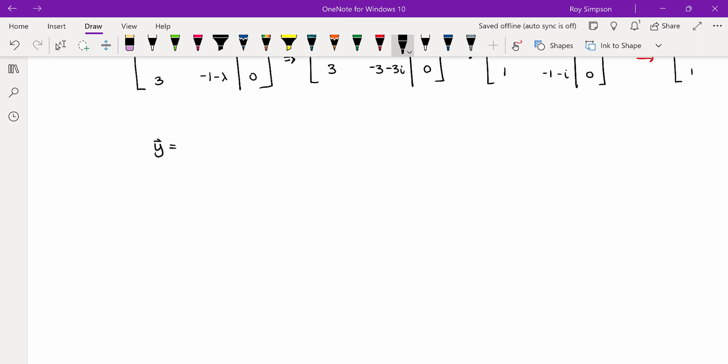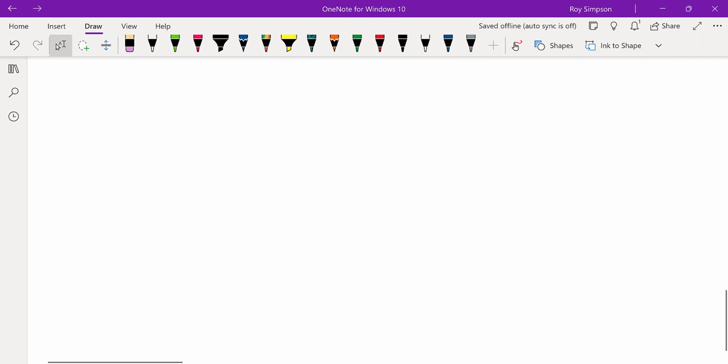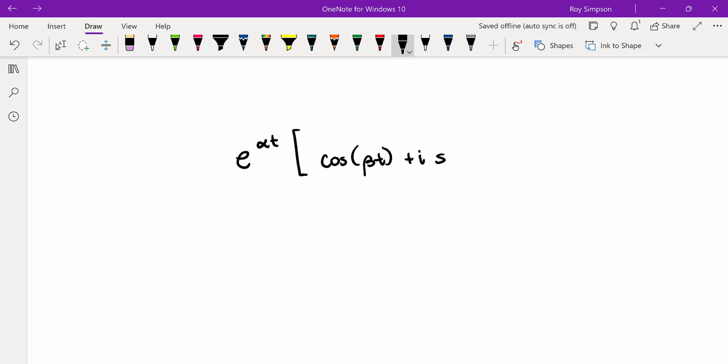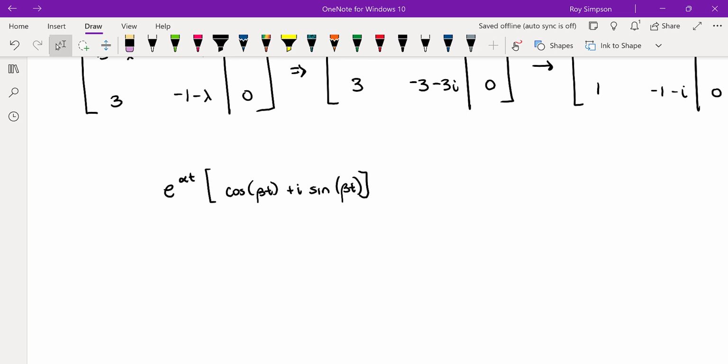Actually I'm not going to write y equals, I'm going to go ahead and write it this way. e to the alpha t, so I was going to say lambda, but it's e to the alpha t times the cosine of beta t plus i sine of beta t. Okay, so that's actually what we normally would have run into before as well when we did second order differential equations. And then we're multiplying this by the vector u plus iv.